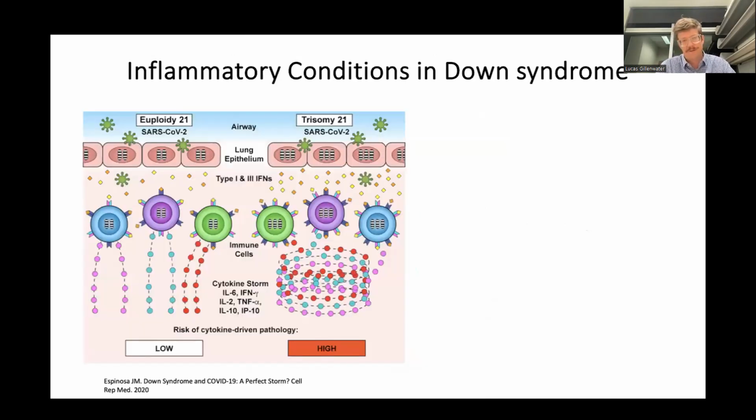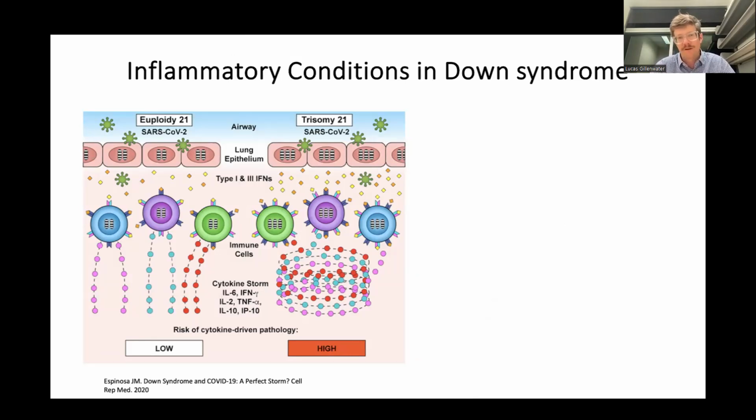Just providing even further context to this, one thing that we have been able to reveal within people with Down syndrome is that they have increased signaling molecules known as interferons. In this figure, the right is a representation of people with trisomy 21 versus the left, which is euploid, meaning a typical number of 2 chromosomes 21.